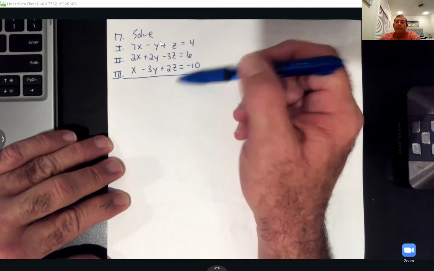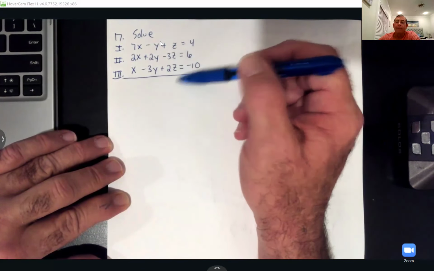Now, I didn't have to change the second row, so I'm going to bring it down. 2x plus 2y minus 3z equals 6. Now, what I'll do when I add these two together, I'll call that new equation 4. All right, y'all, so let's see. 21 and 2 give you 23x.